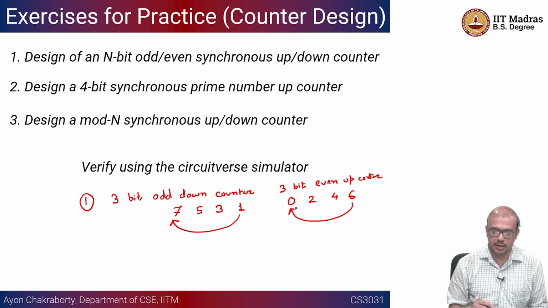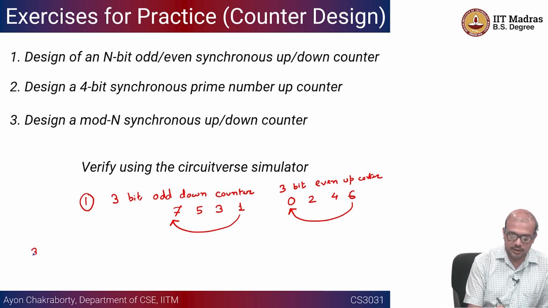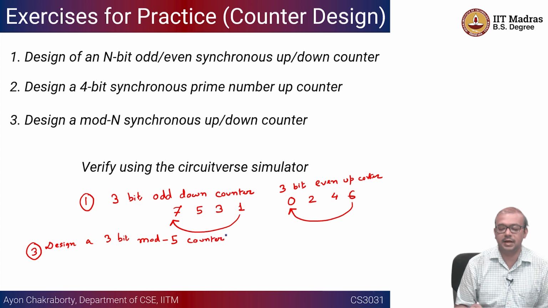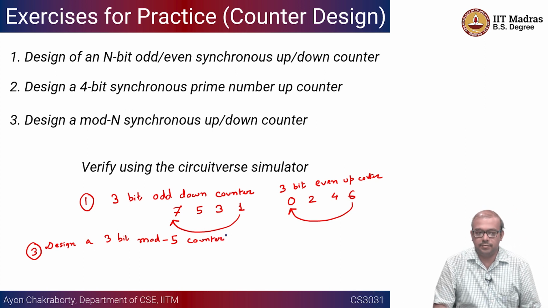So for the third kind of design, design a 3 bit mod 5 counter. In many applications we don't have to really count from 0 to 2 to the power n minus 1, because the number of bits allows you to free flow from 0 to 2 to the power n minus 1.